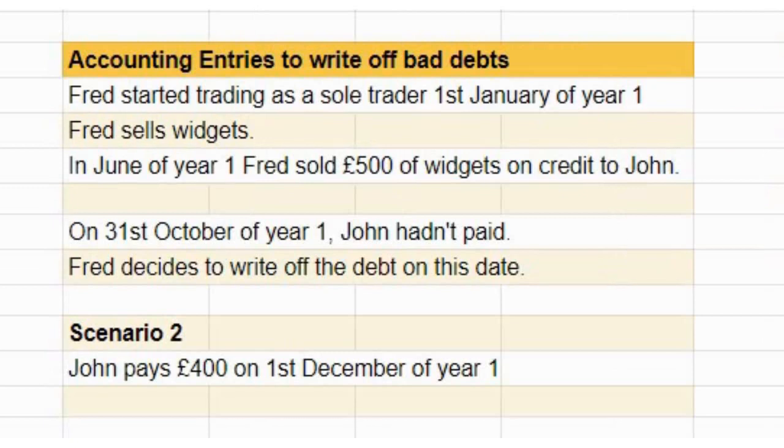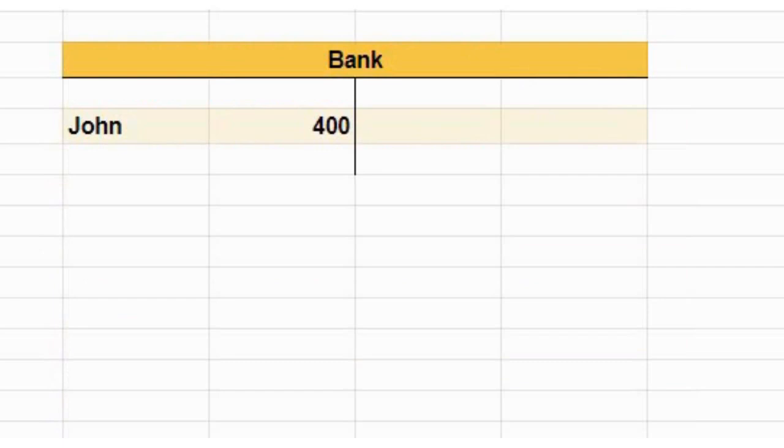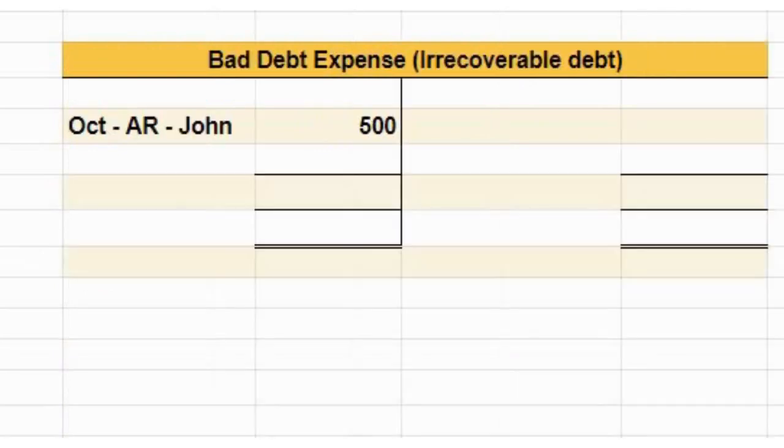So let's take a look at another scenario, scenario number 2, and in this scenario John pays £400 out of his £500 debt on the 1st of December of year 1. The first entry will be the debit to the bank to receive the £400, and using method 1 we're going to go directly from bank straight into bad debt expense and put the credit of the £400 into there.